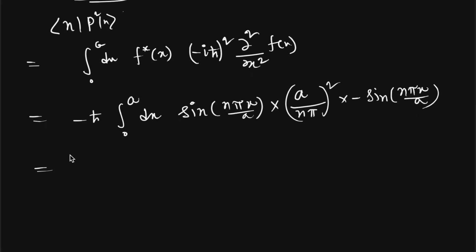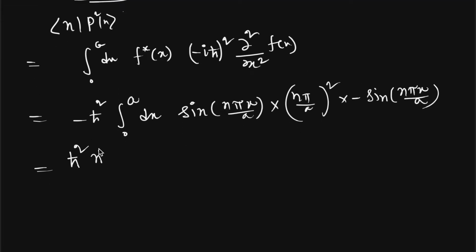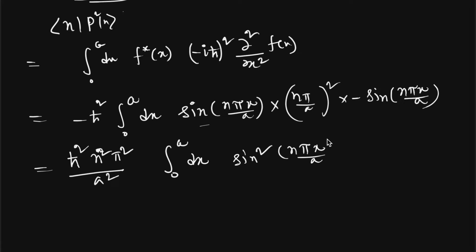So there is h cut square, this will be n pi by a, so that h cut square n square pi square by a square into integral 0 to a dx sin square(n pi x by a).